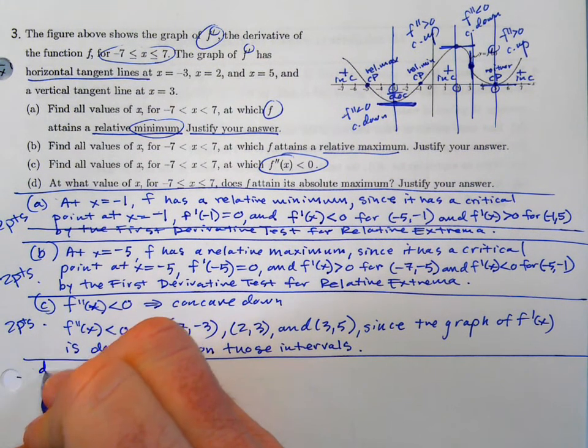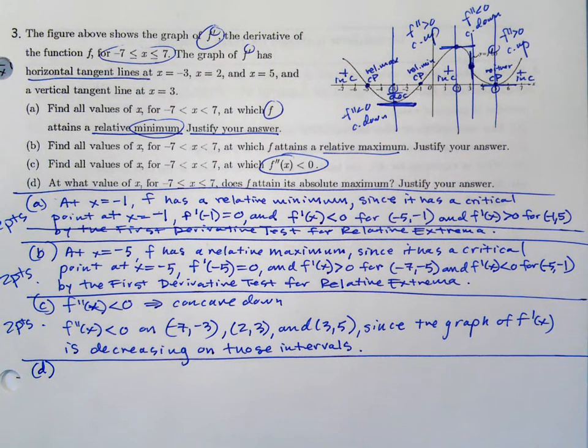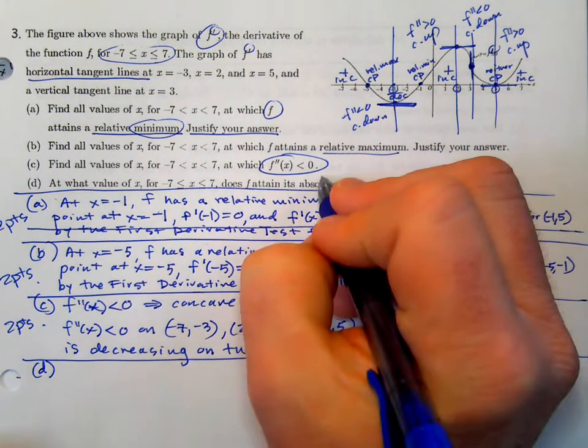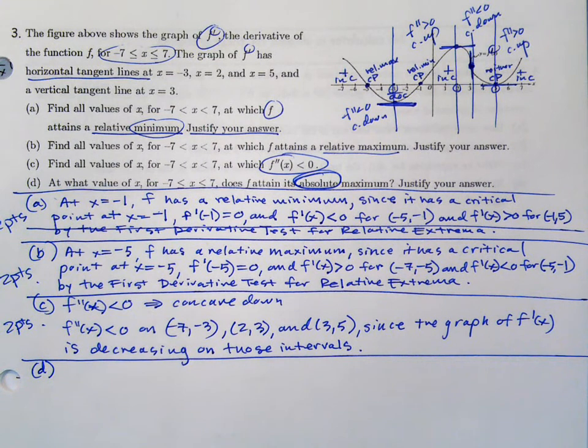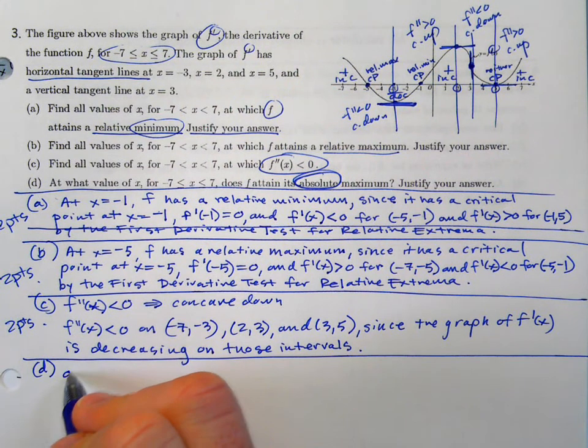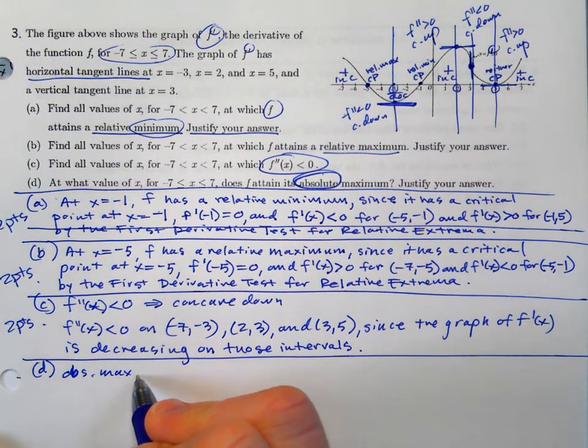D, at what value of x does f attain an absolute max? Absolute max. Okay. So that's trickier, it's tricky to justify, because usually with absolute maxes and mins, we do the extreme value theorem, right? We say, okay, well, we want the absolute max, and we could show some work to help us wrap our head around it.